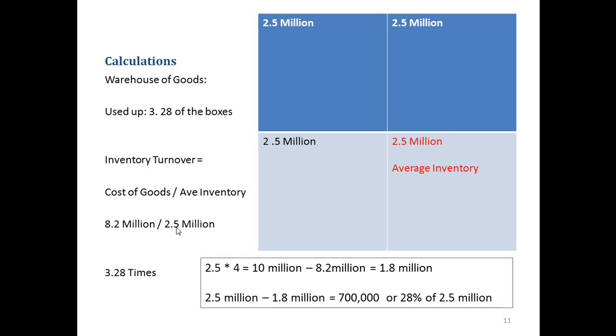There's our 2.5. So to recap, the inventory turnover is how much we sold, cost of goods sold, over what's sitting on average in our inventory, and that's 2.5. And that happens 3.28 times, because apparently we didn't really sell this full lot, only a portion of it.